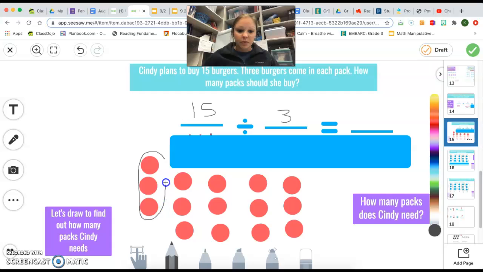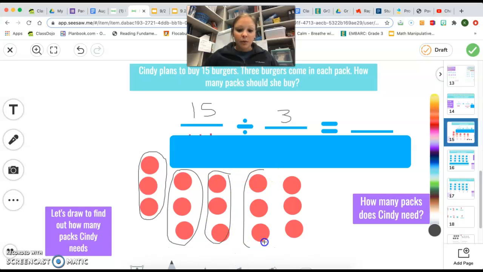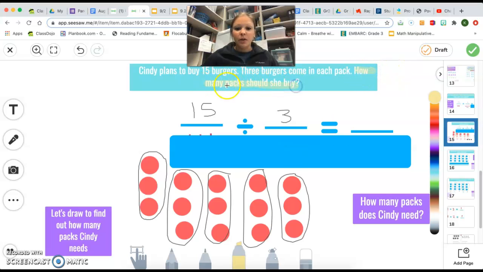Here's 1 group of 3, 2 groups of 3, 3 groups of 3, 4 groups of 3, and 5 groups of 3. Now the question asked us how many packs should she buy? And we're going to say groups. How many groups should she buy? Well, we have 1, 2, 3, 4, 5 groups.